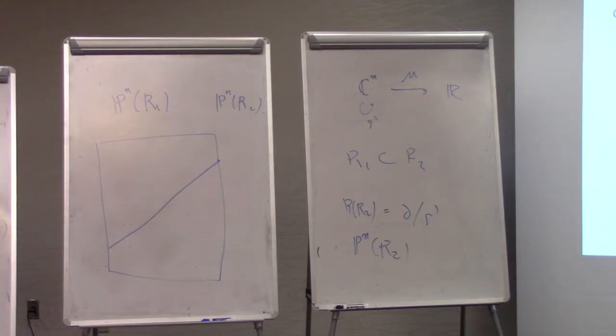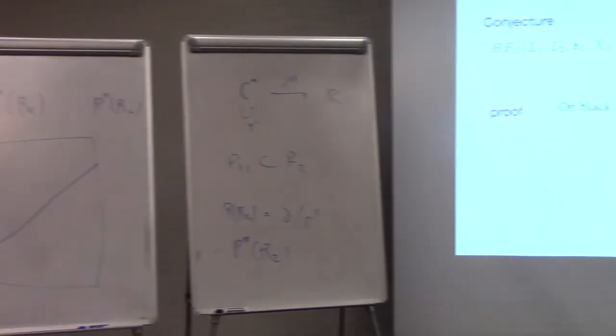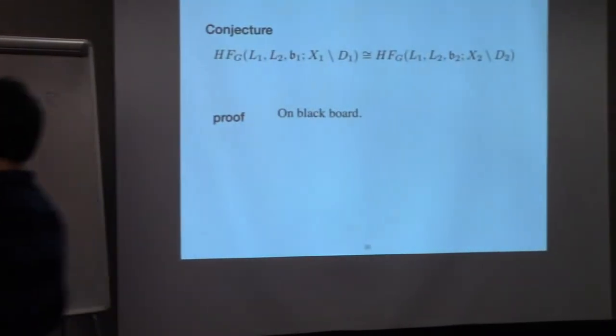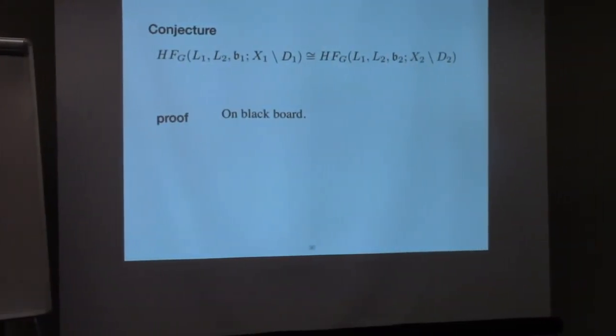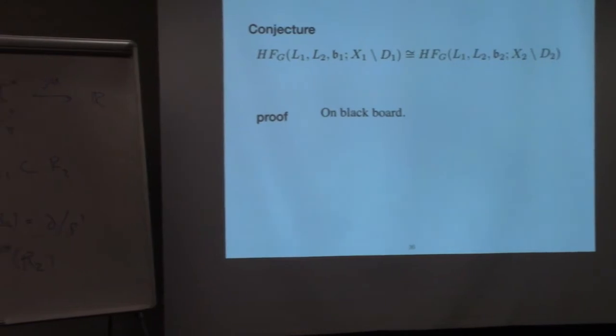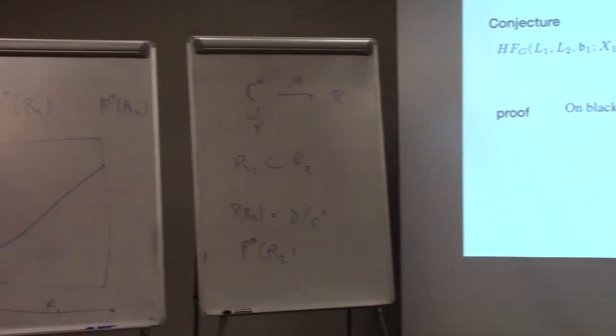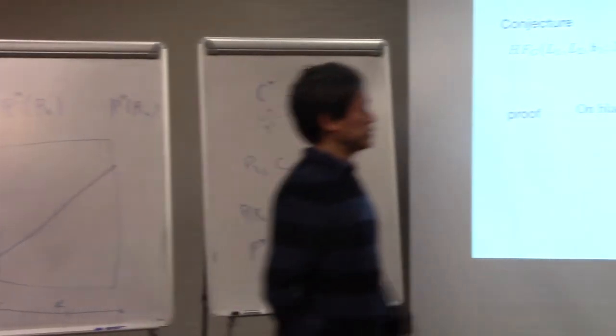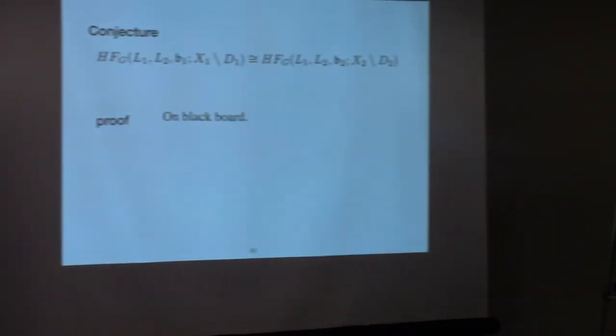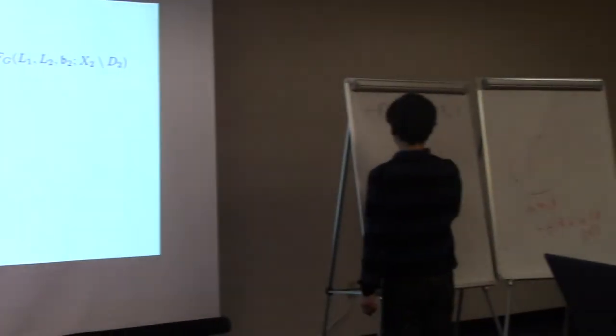So you have this kind of product, this is CP^n of R1 cross CP^n of R2. This side is R1, and this side is R2, and you have some Lagrangian sum and ball. Maybe I write minus. So this is something like a closure of the diagonal.